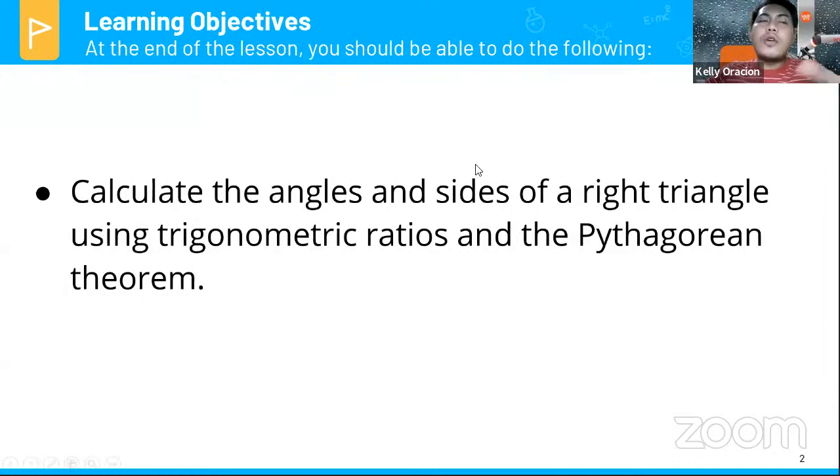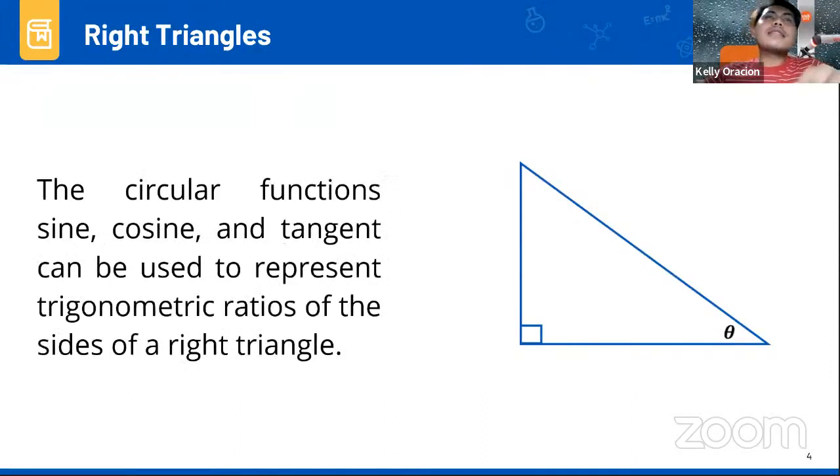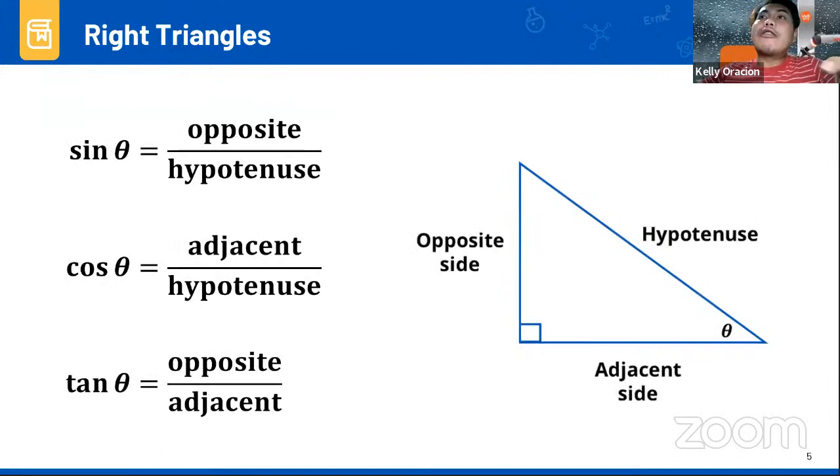And also, we will deal with real life problems involving the 6 trigonometric ratios, specifically angle of elevation. Yan yung ating objectives this afternoon. So let's proceed to the 6 trigonometric ratios.